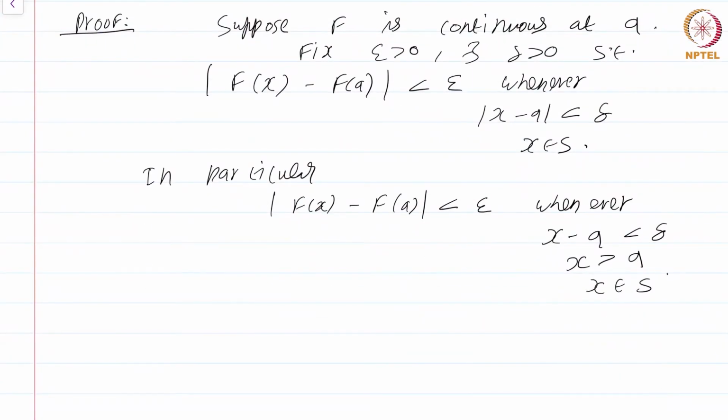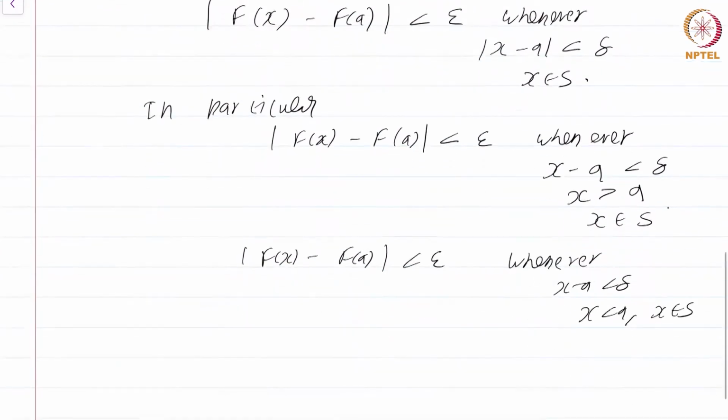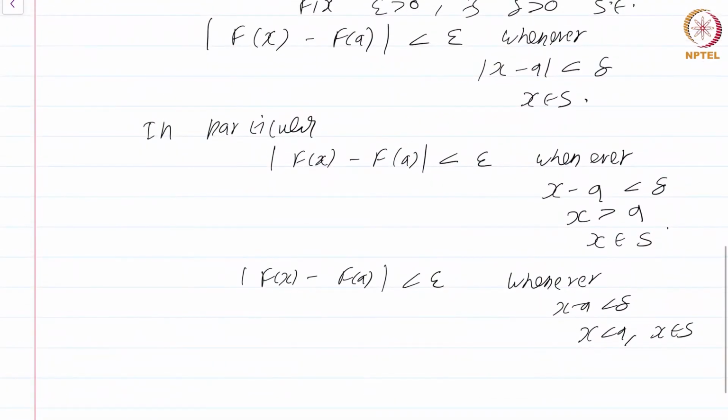I'm just looking at those points x which lie to the right of a by declaring that x is greater than a, right? In particular, this is true, and so is the fact that mod f of x minus f of a is less than epsilon whenever mod x minus a is less than delta and x less than a, x in S. This is also true. Both will have to be true if you want the previous statement: mod f of x minus f of a less than epsilon whenever mod x minus a less than delta and x in S, right?